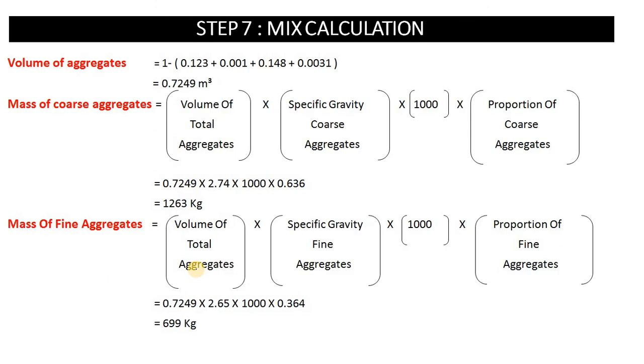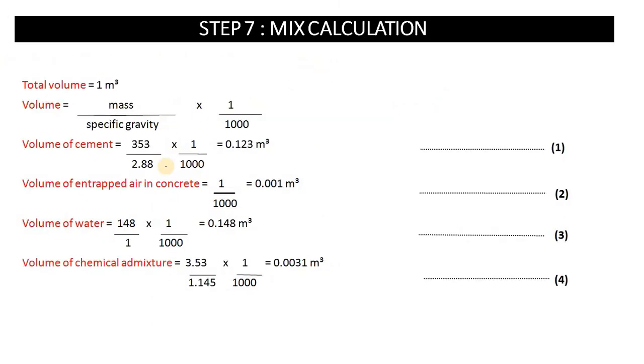Now coming on to the volume of the aggregate, we will have 1 minus the bracket of volume of cement plus volume of air plus volume of water plus volume of admixture.